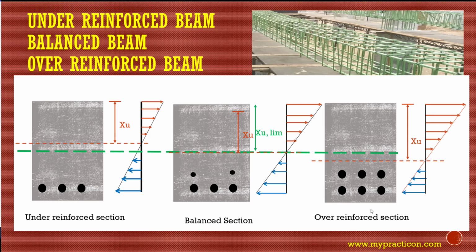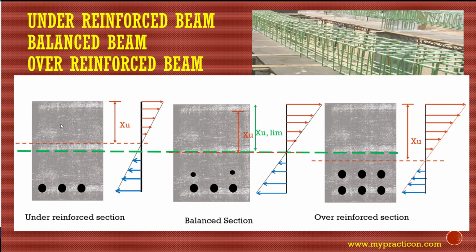The way we explained at the very beginning, the compression force and tensile force, this is the strain in the concrete, strain in the steel. So either you can differentiate this based on the stress and strain, or based on the neutral axis. Neutral axis is the one which differentiates the tensile zone and the compression zone.